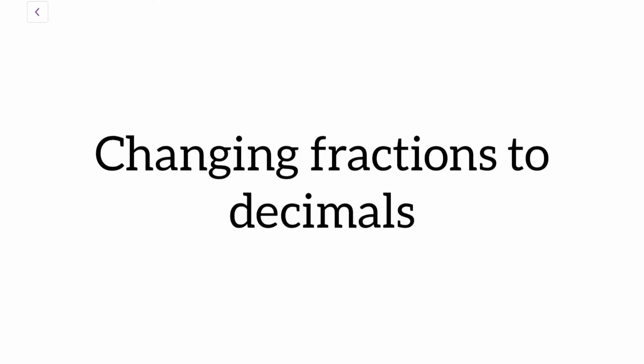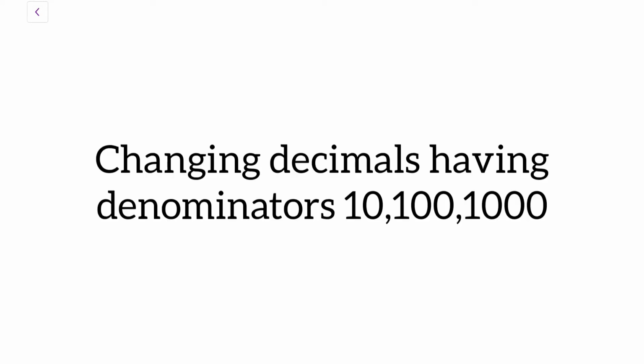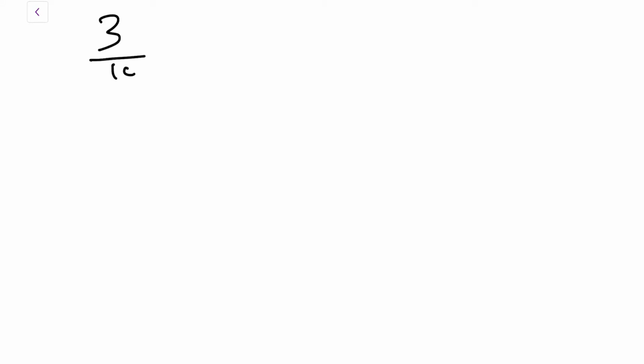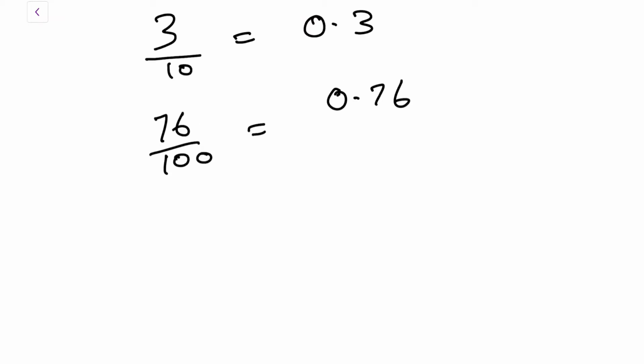Alright, now let's see how we can change fractions to decimals. Now, we have already learned how to change a fraction with denominator 10, 100, 1000 into a decimal. We've seen that. If the denominator is 10, 3 by 10, you just have to write it as 0.3. If the denominator is 100, I'm giving you an example, you just write it as 0.76. And if the denominator is 1000, you just write it as 2.756.